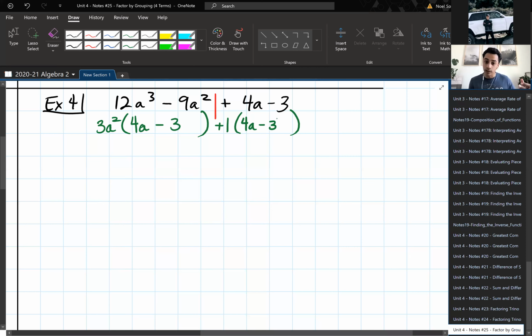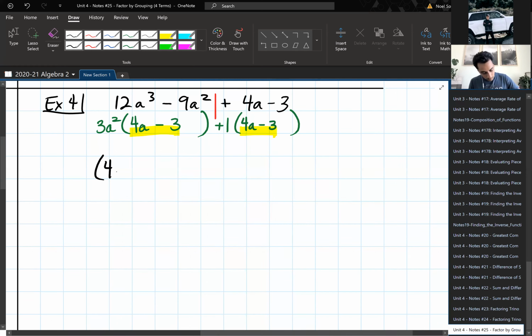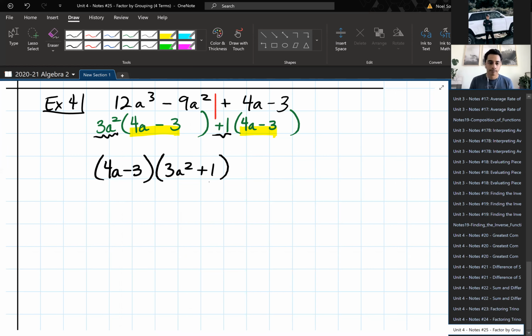So now, new GCF, right? They both have the term 4a minus 3. So we factored that out from both of them. And we have some leftovers, right? Leftover and leftover. 3a squared plus 1. Okay, not too bad. Questions on number 4?